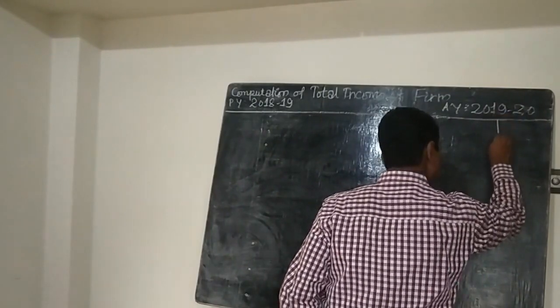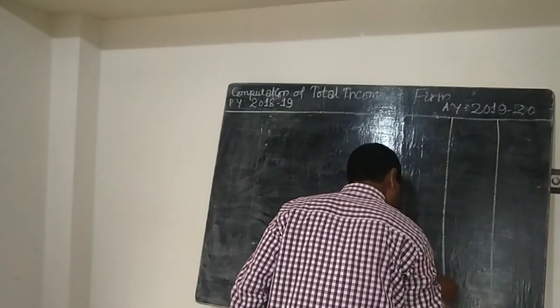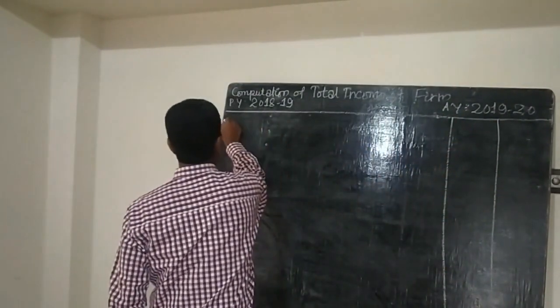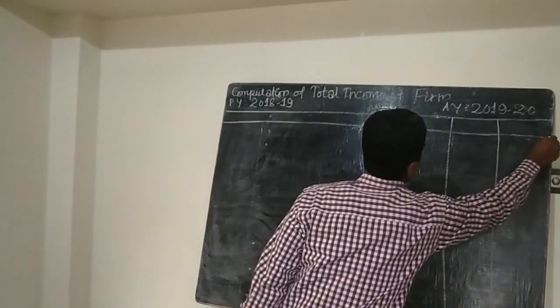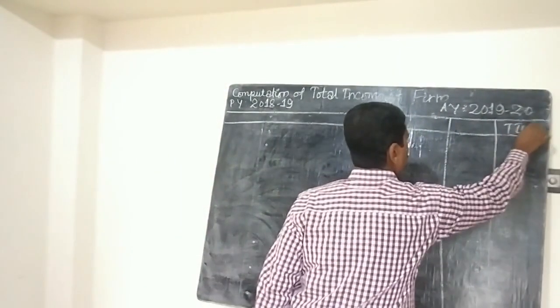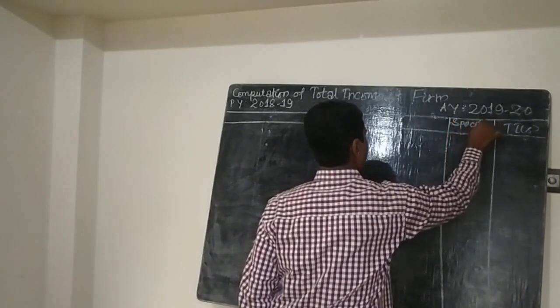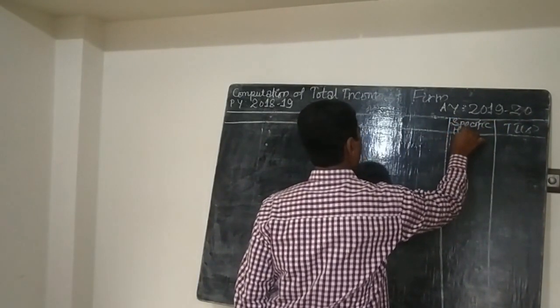Let us follow the same format here as we have discussed in the previous videos. So this is the total income column. Here is a specific head column for each individual head total.